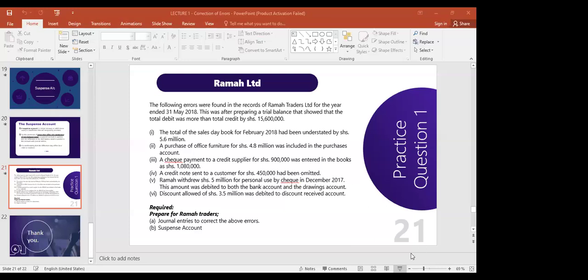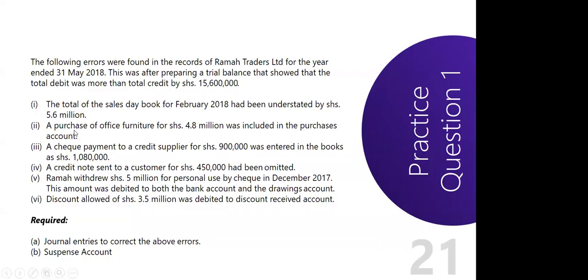Then we have number 2. A purchase of office furniture for 4.8 million was included in the purchases account.